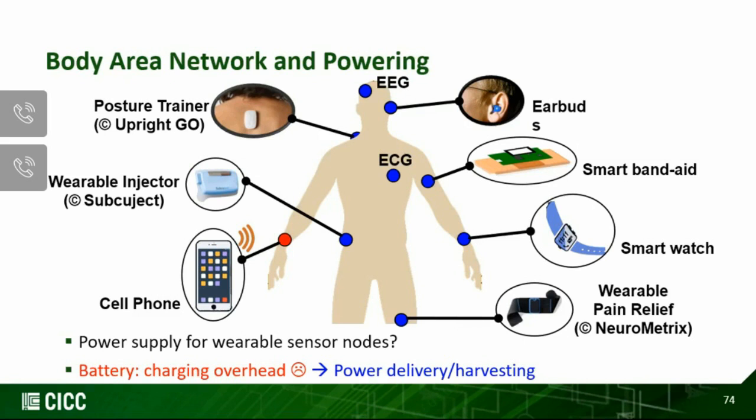So far, we have been concentrating on the communication and networking aspect, but the network also includes powering. The big question that arises these days is how do we power them up? For example, no one wants to charge 10 different wearables every night.